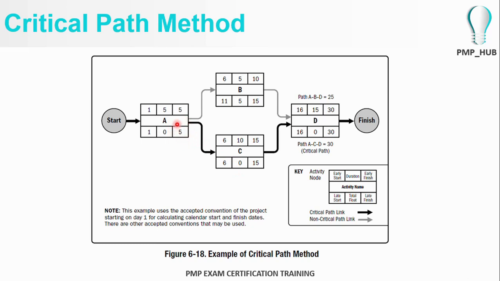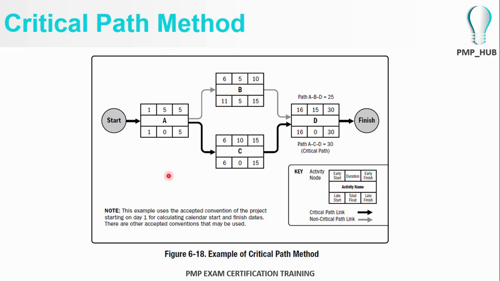So activity A must finish by day number 5 in order for C to begin at its latest start date. The latest start date of B is 11, and even though activity A ends on day number 5, it can still wait until day number 11 to start activity B.